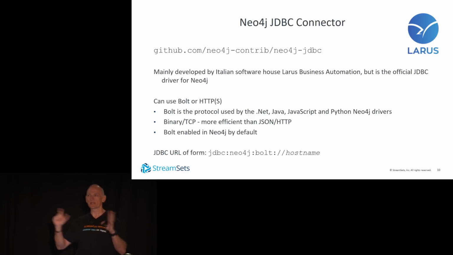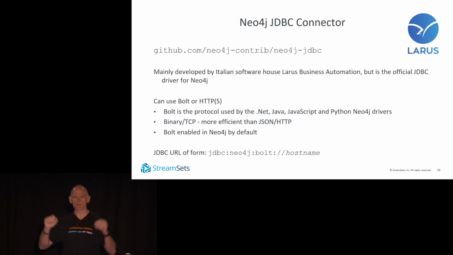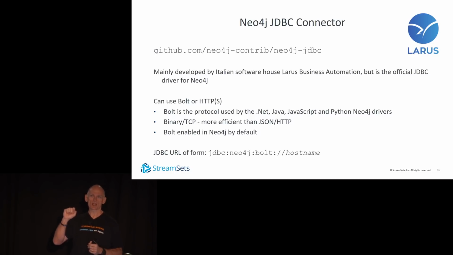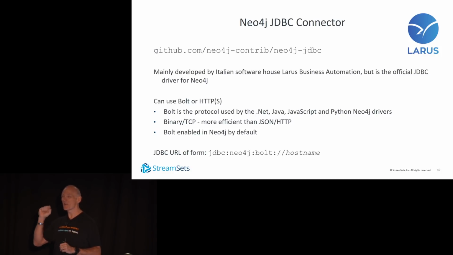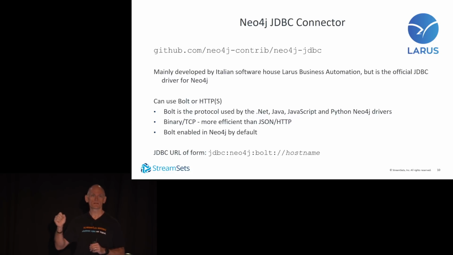And if you're making choices when you use this JDBC driver, Bolt sends about 1/10 of the number of bytes over the wire than JSON over HTTP. So definitely, unless you have an overriding need to use HTTP, I would use Bolt when communicating between the JDBC driver and the server. And happily, it's enabled in Neo4j by default because it's the main method of integration.